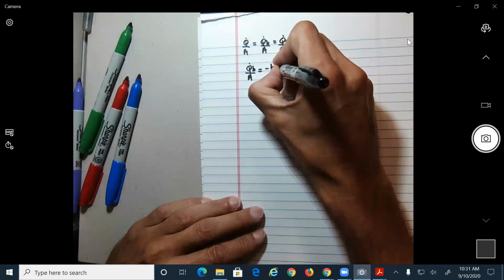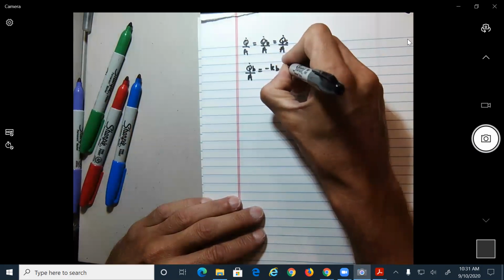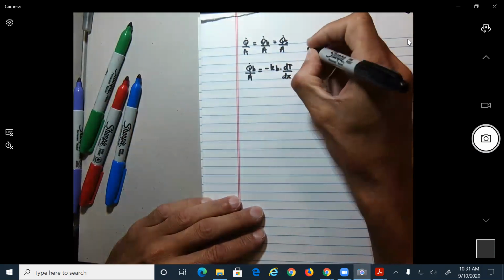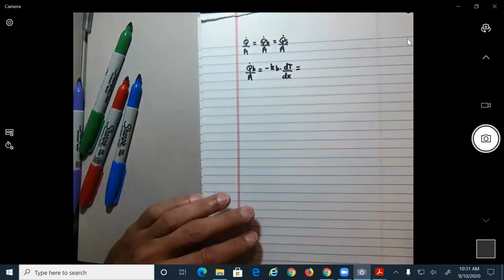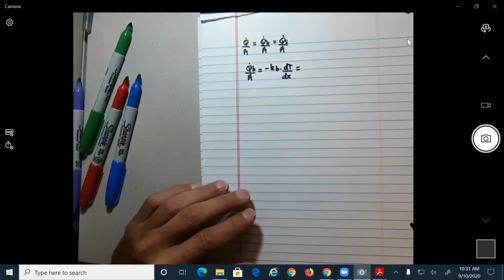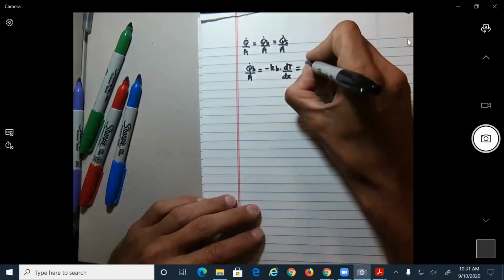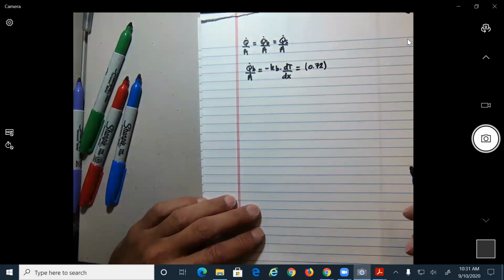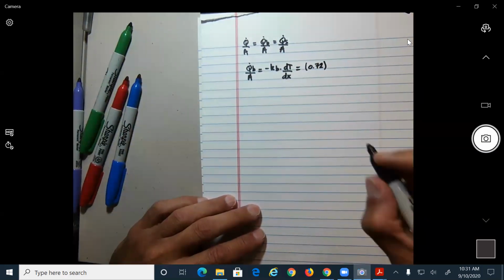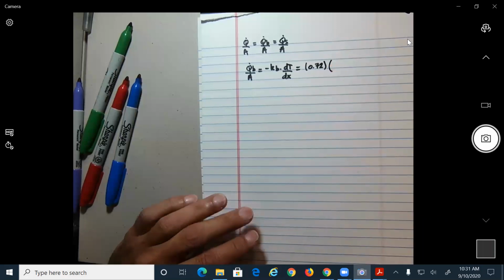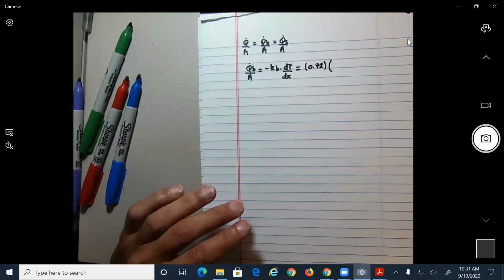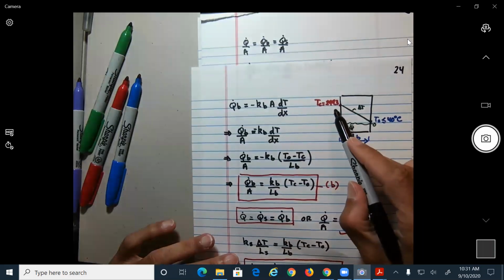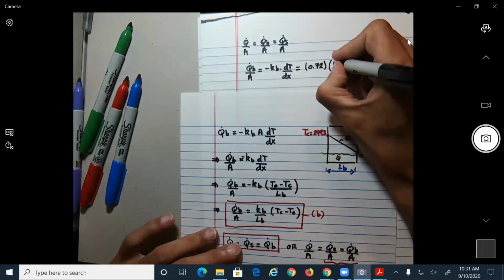Minus K_B dT/dx, but we know K_B is equal to 0.72. dT, we know that one on the brick was equal to the one we had before, which is this one here, 299.3 minus 40.